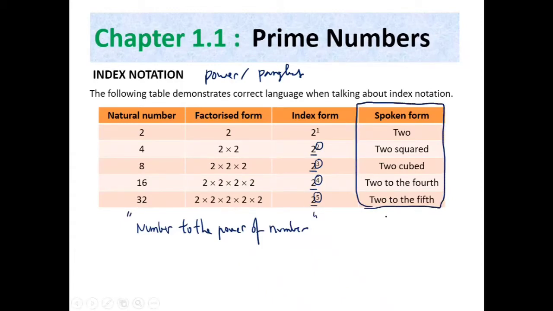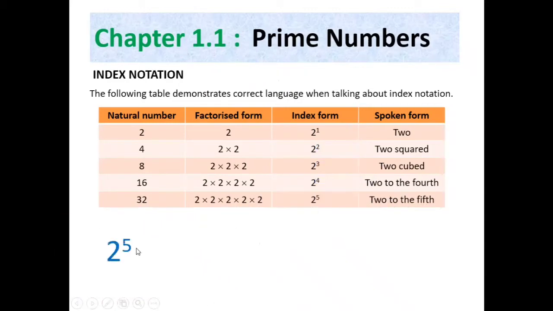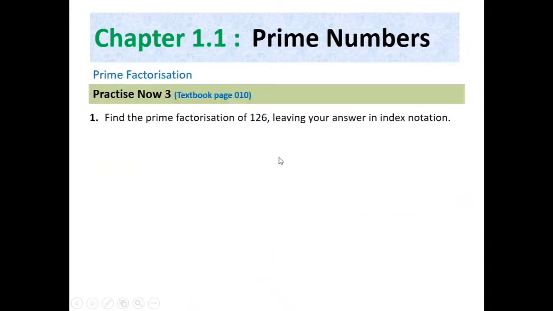Okay, and I just give you another understanding. So how do you read this? 2 to the fifth or 2 power 5. That's all. So this is the index, the pangkat, the power or exponent. Index, power, exponent, pangkat. And this is the base. The big number is the base. So that's all we need to know for the prime and for the index notation.